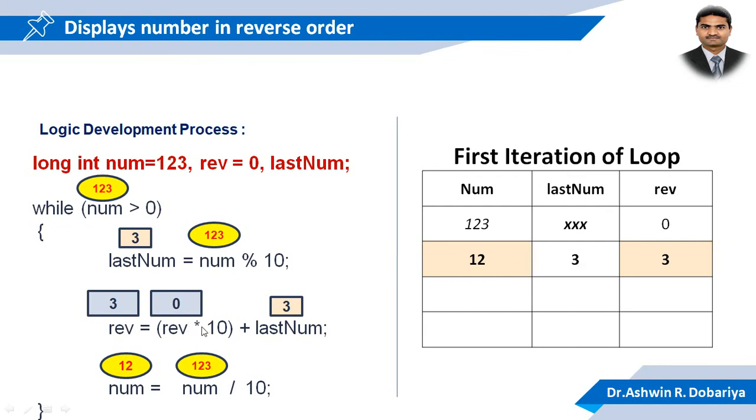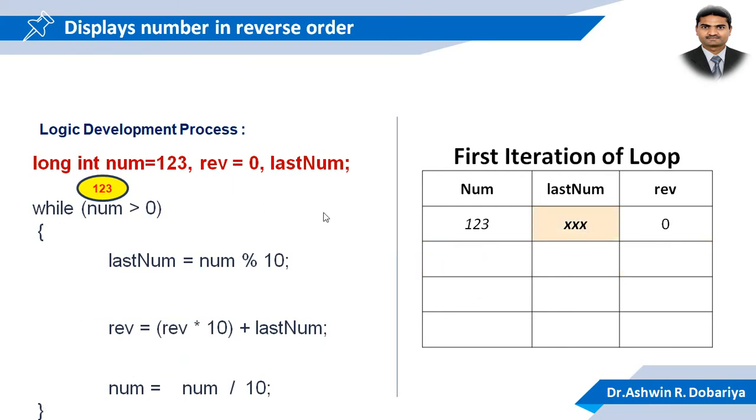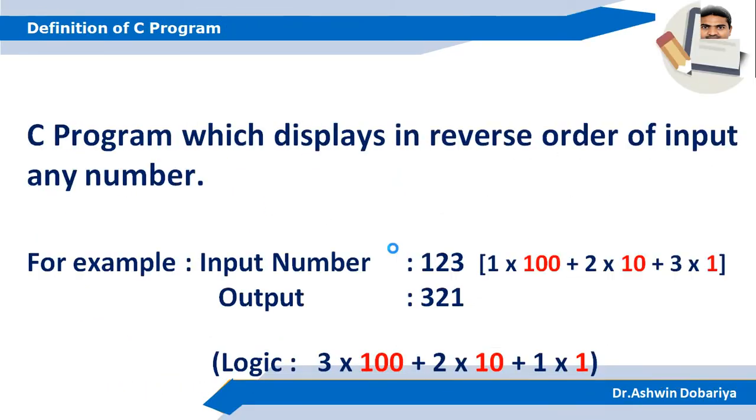After that, whatever digit we have separated, we add to the reverse multiplied by 10. Initially reverse is 0. Why do we have to mention 0 over here? Because the logic is that the first value is not multiplied by 10, but from the second digit the multiplication by 10 starts.